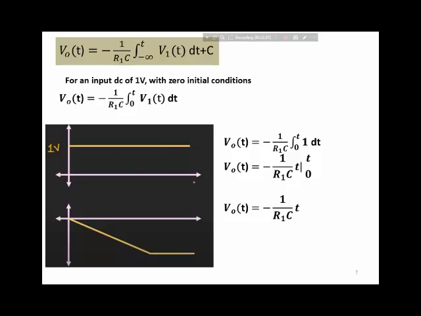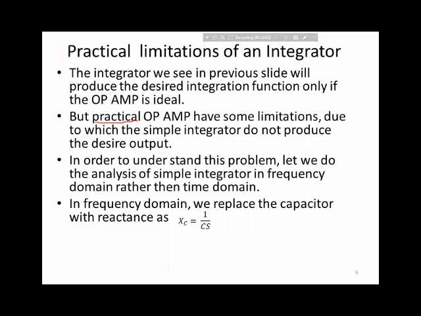This is the time axis for input and output. This is input, this is output, and they are functions of time.